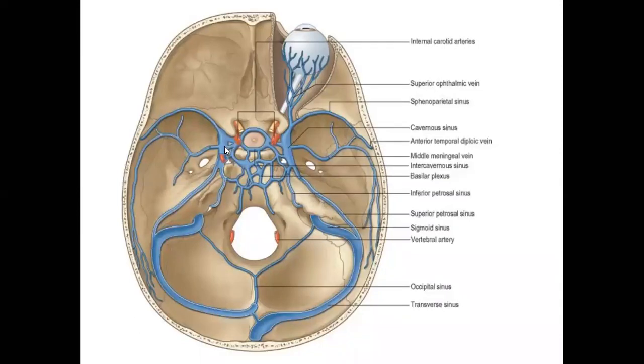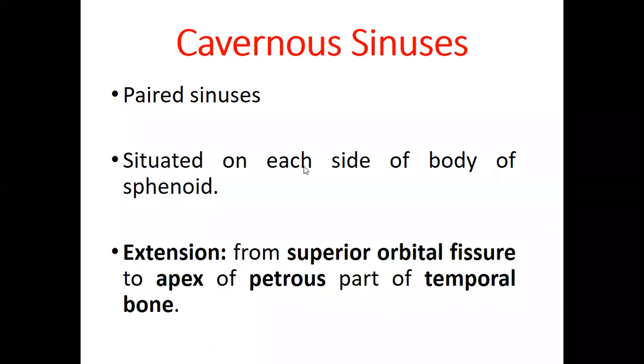The cavernous sinuses are paired sinuses situated on each side of the body of the sphenoid bone.